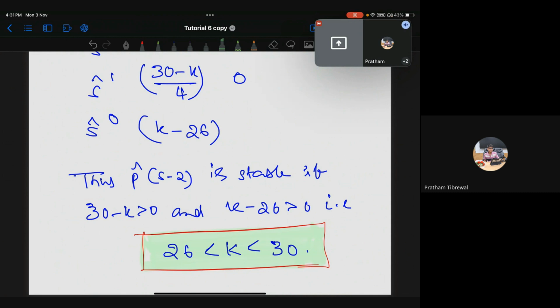Then we are checking that for s plus 2, the k value should be between 26 to 30 for the condition given in the question, that it should decay faster than e to the power minus 2t.